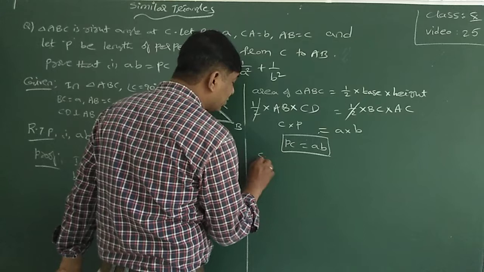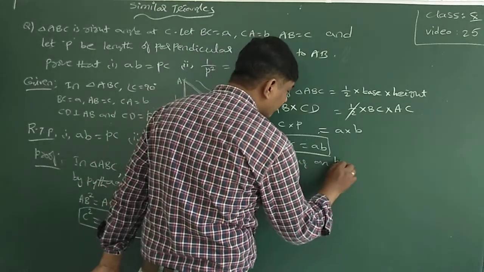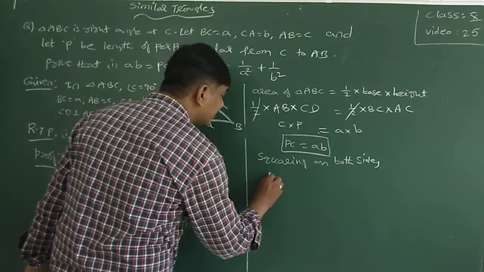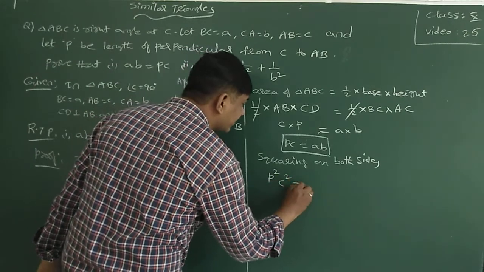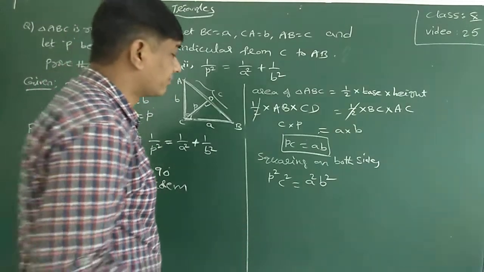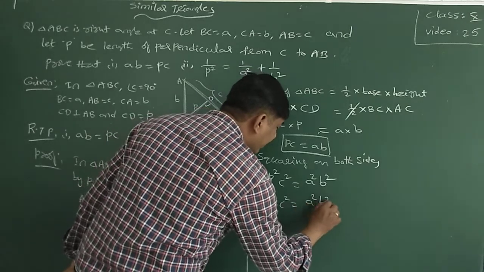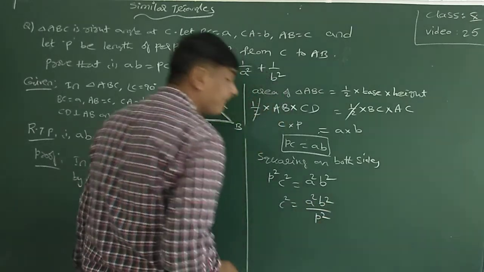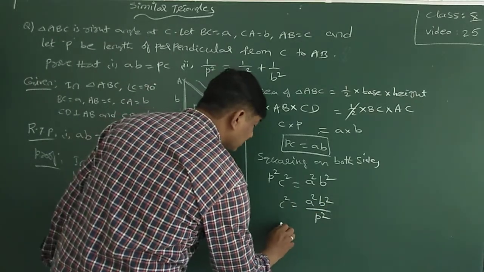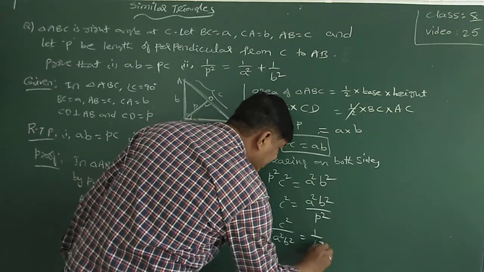Now squaring on both sides. If you square on both sides, then it becomes p square into c square is equal to a square b square. Okay. Now c square is equal to a square b square by p square. a square b square send this side. c square by a square b square is equal to 1 by p square.